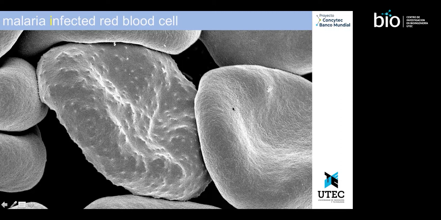We can clearly see the difference if we have a very strong microscope, high magnification. But of course, you cannot screen patients' blood like this, because it will take you ages to count all the cells.